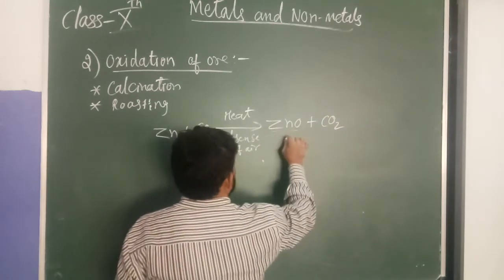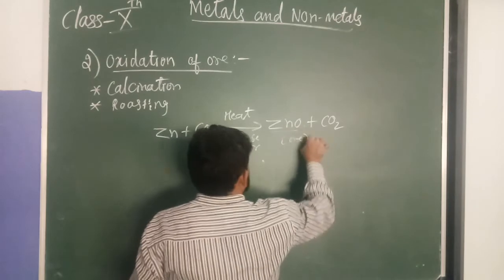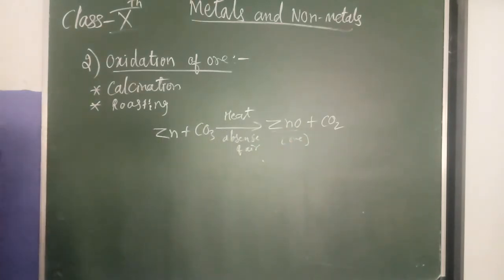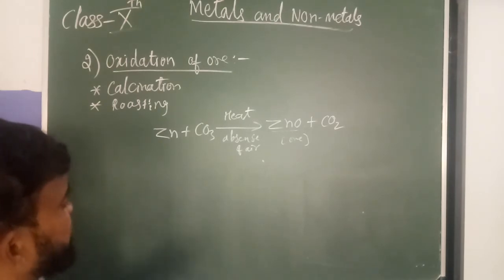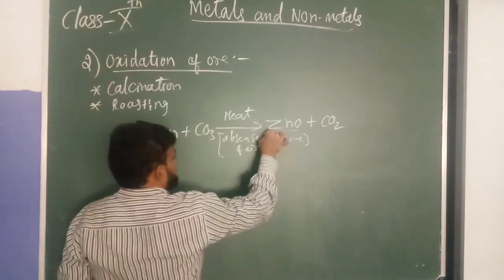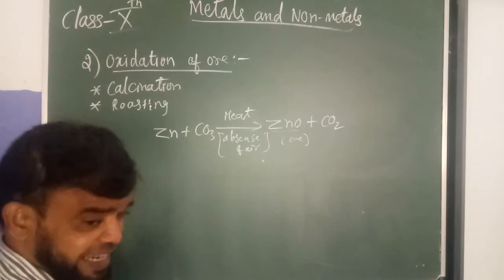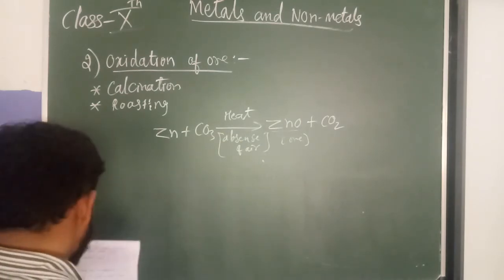This is the ore we will get separated. If you heat zinc carbonate in the absence of air, then we will get zinc oxide plus carbon dioxide.